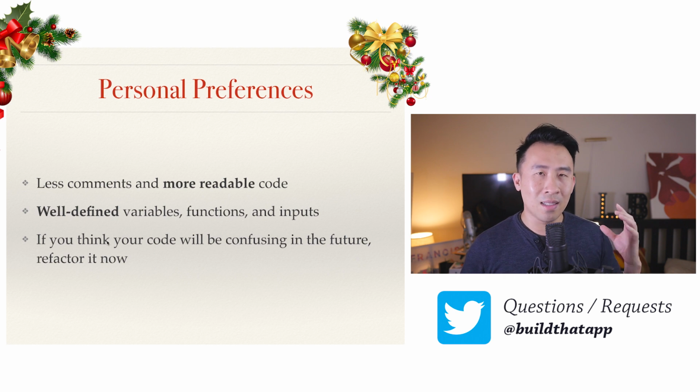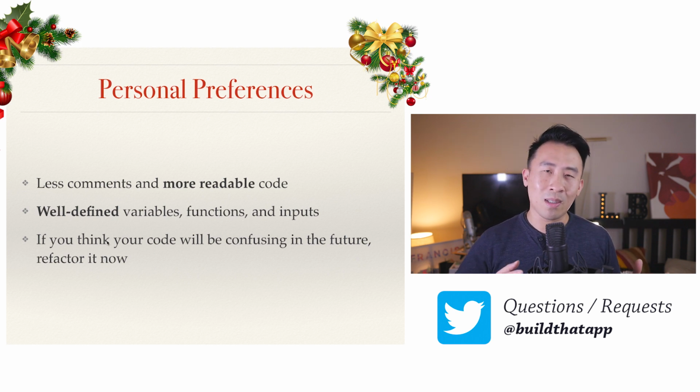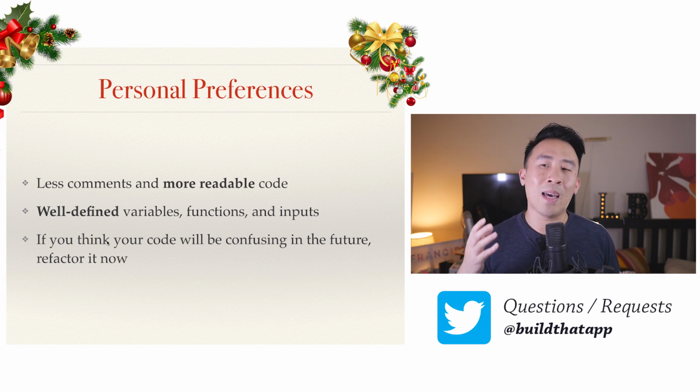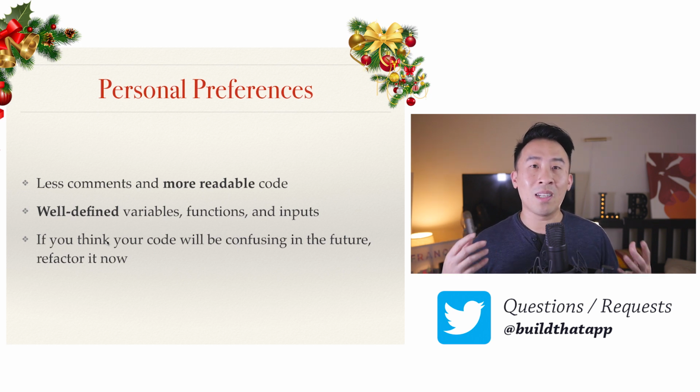And then the last thing here is, if you think your code is going to be confusing in the future when you revisit it, you should definitely refactor that bit of code now, because you're going to understand it more now than, let's say, two weeks down the road. Okay, so hopefully you enjoyed today's video. There's actually much more to talk about in terms of commenting and how to make your programs much easier to read and also maintain.